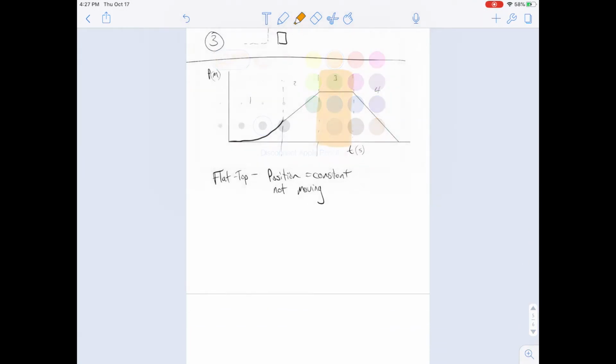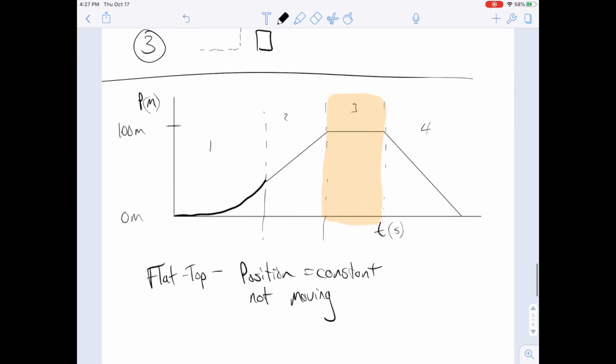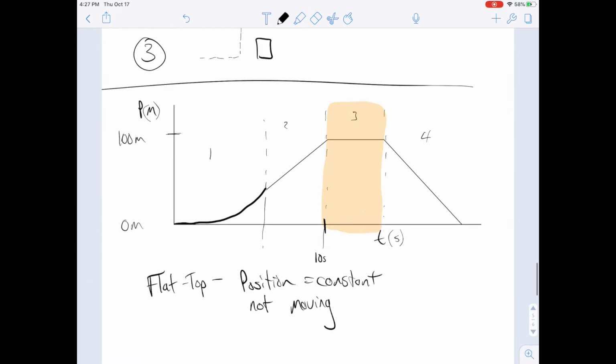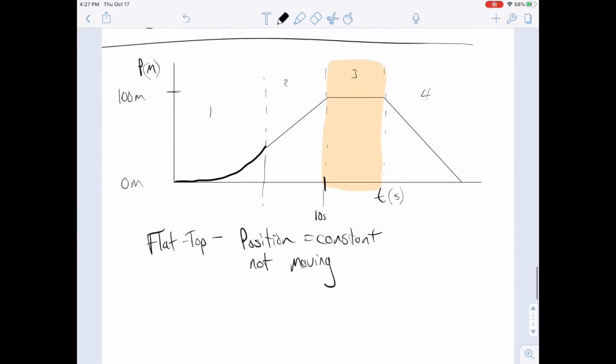And the way that we can tell that is, let's say that someone ran to the 100 meter mark from 0 meters. Now, let's suppose it took them 10 seconds, which is too fast, but we'll roll with it. Speed demon, 10 seconds. Then they waited there for 5 seconds.